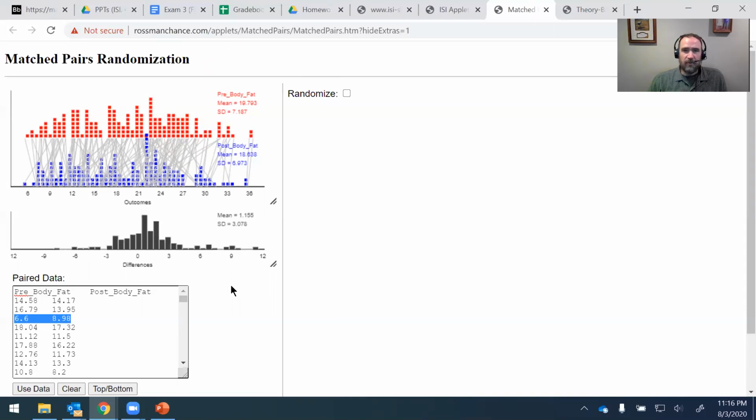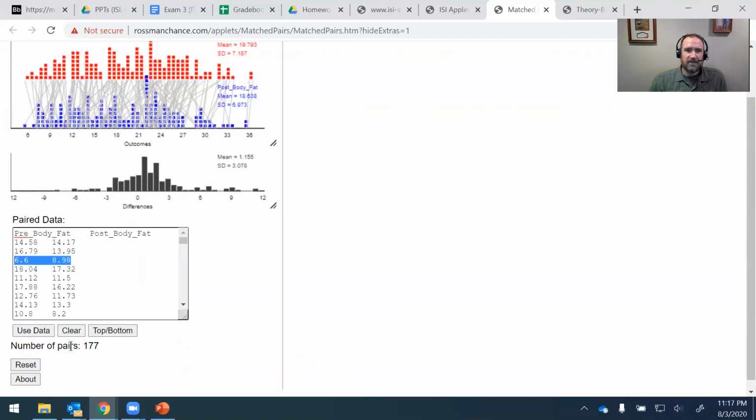Here, we can look at this distribution and say, does it seem reasonably symmetric? And it does seem reasonably symmetric to us. So we could probably guess that the differences we'd see in the population would be a reasonably symmetric distribution. And that's a good sign. That means that we probably can do a theory-based approach. The other thing we could check is, do we have at least 20 pairs? Yes, we've got 177 of them.